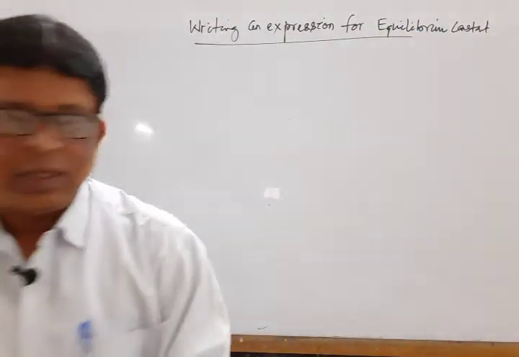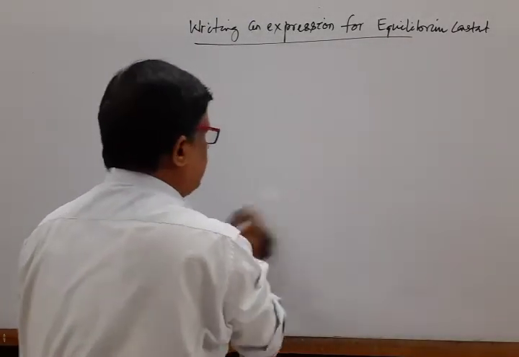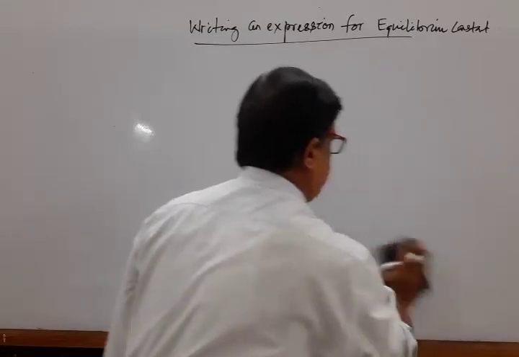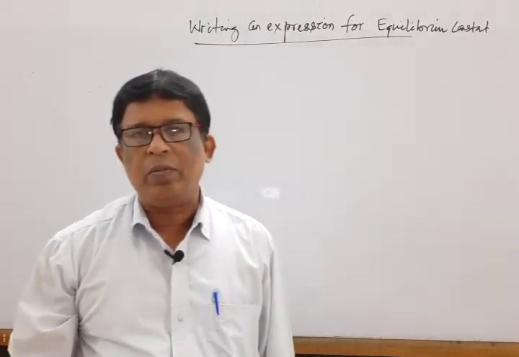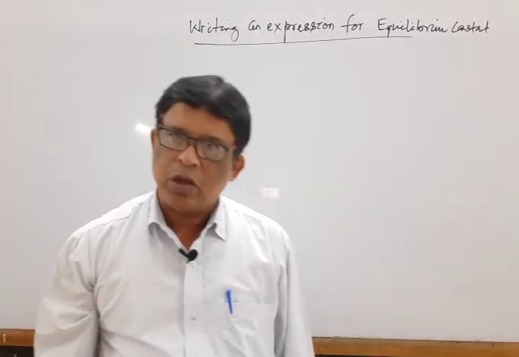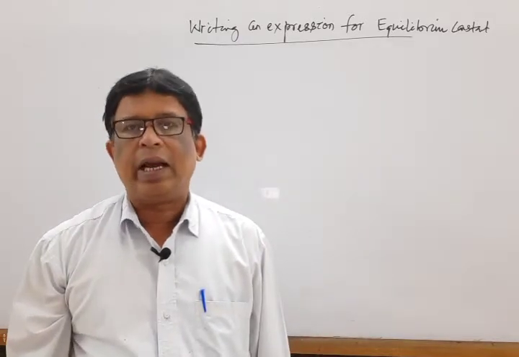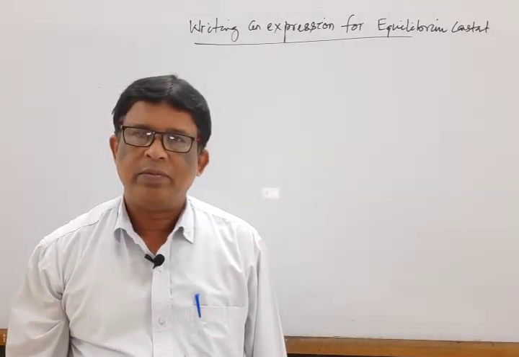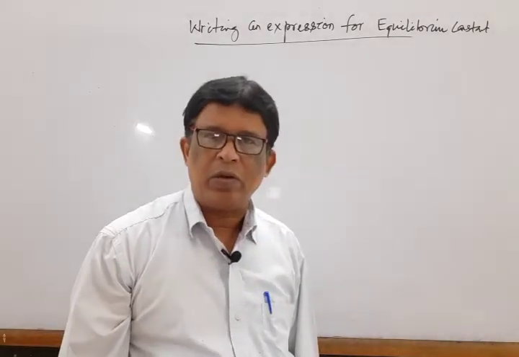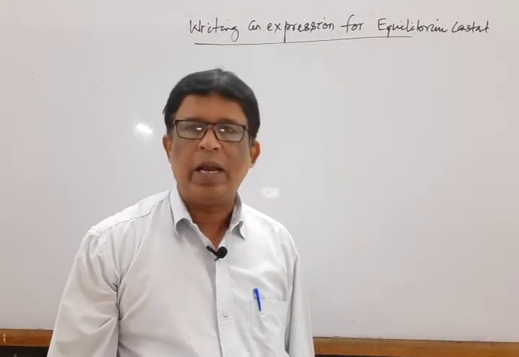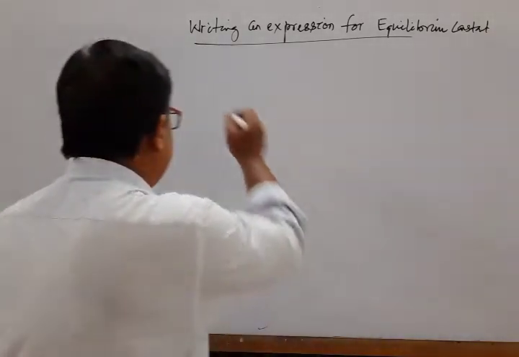Before writing this, an important thing we have to remember: while writing the expression for equilibrium constant, if any term in reactant or product is in solid or liquid form, then its molar concentration is taken as 1. For example, we write the equilibrium constant for two cases, one homogeneous and one heterogeneous. Mark that.